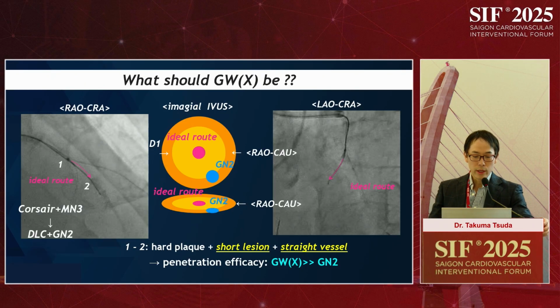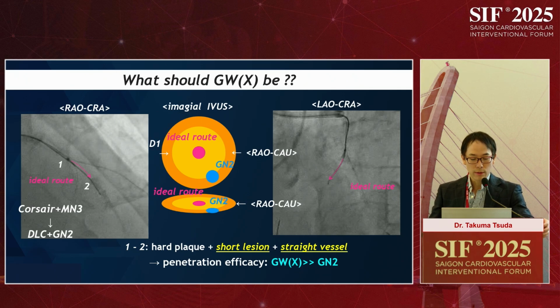So we have to select guide wire X. But what type should guide wire X be? I didn't perform IVUS, but we have to imagine the cross-sectional IVUS image in this case. As you can clearly see in the RAO cranial view, the target lumen is on the upper side compared to the guide wire. So in the cranial view, the wire is on the way with Gaia Next.